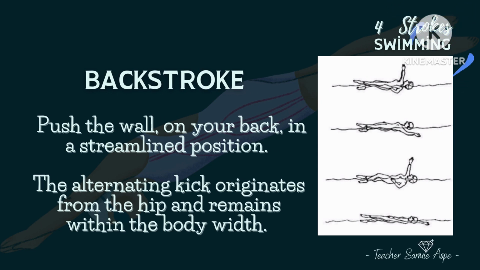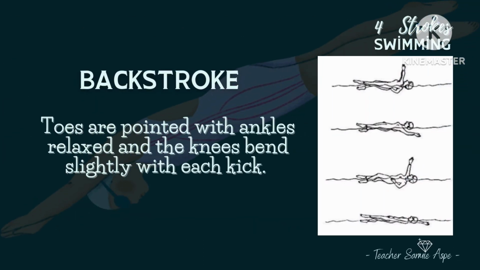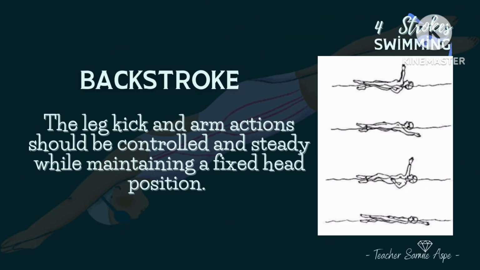The alternating kick originates from the hip and remains within the body. Toes are pointed with ankles relaxed and knees bend slightly with each kick. The leg kick and arm action should be controlled and steady while maintaining a fixed head position.